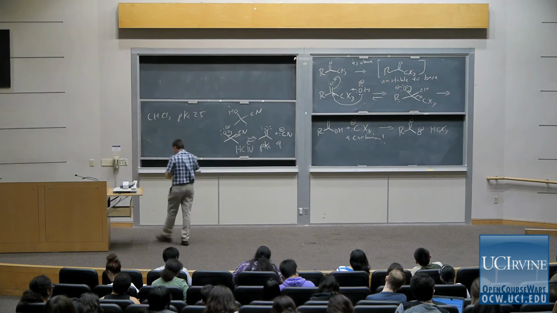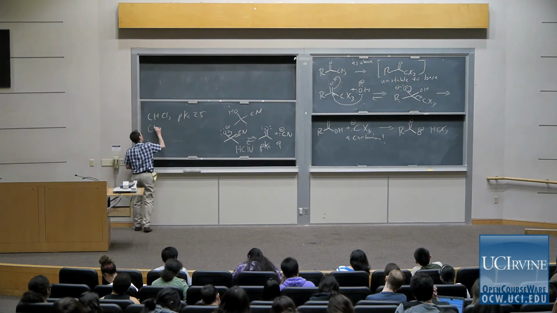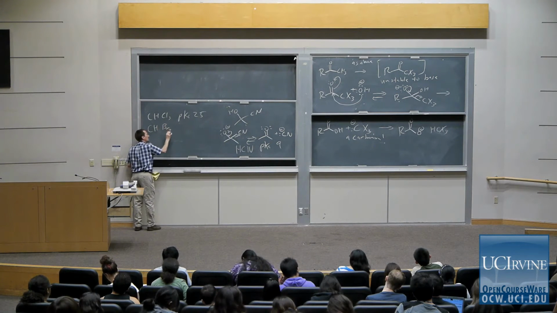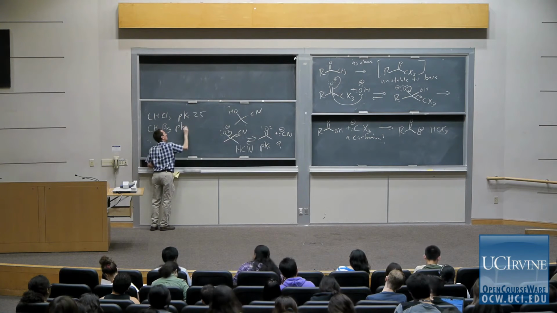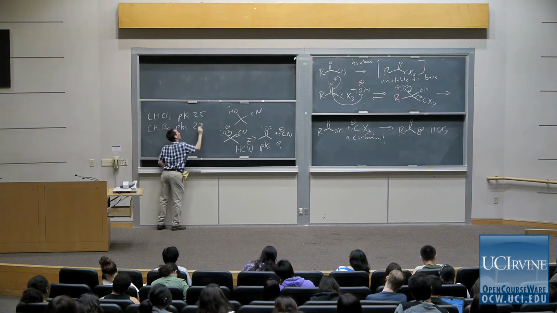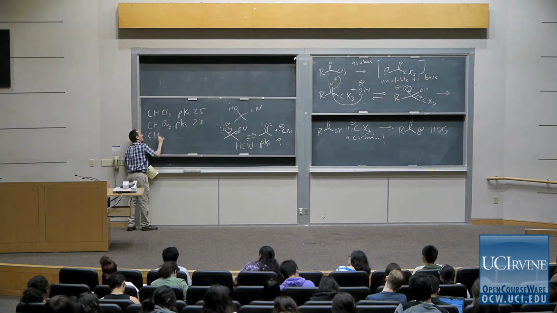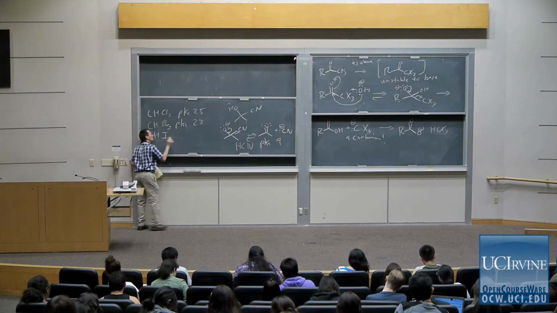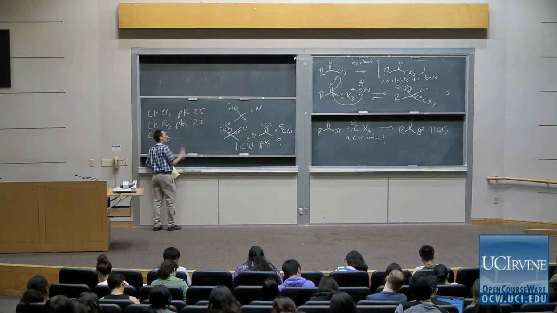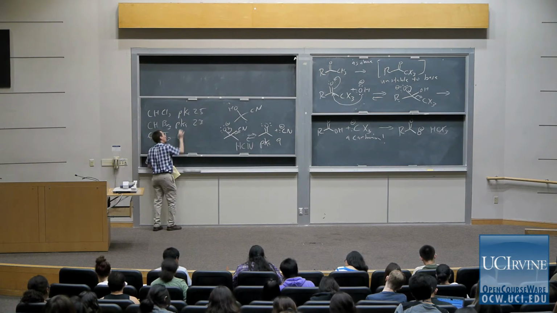I was curious because I didn't have the numbers at my fingertips. I wouldn't expect you to either. But the pKa for bromoform is about 23 off of at least one source. And iodoform, iodine is more polarizable than chlorine, even though it's less electronegative.